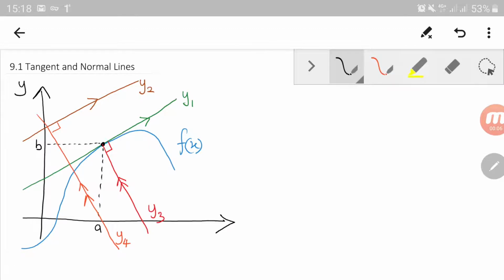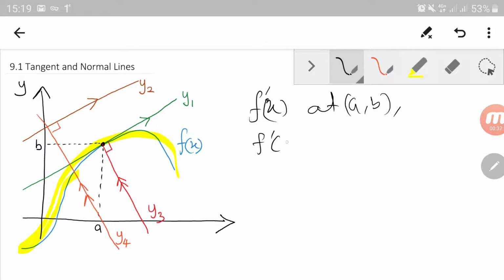In this video, I would like to share with you about tangent and normal lines. Now, when we have a curve of f(x), as you can see from the blue line over here, at a certain point on f(x), when we differentiate f(x) and substitute x with a, we get the gradient of f(x) at (a, b).